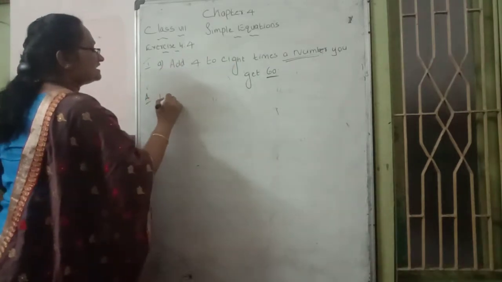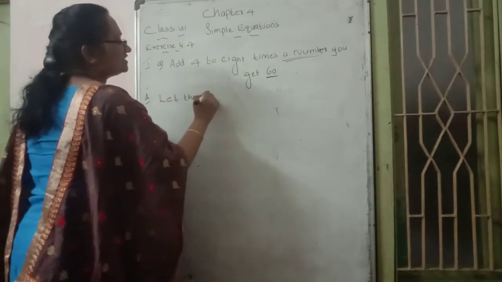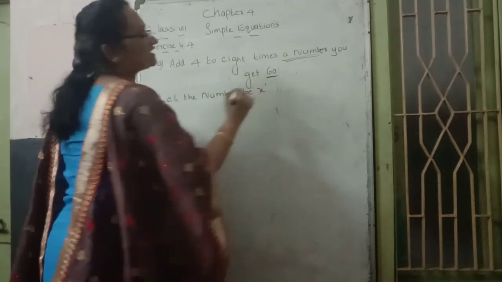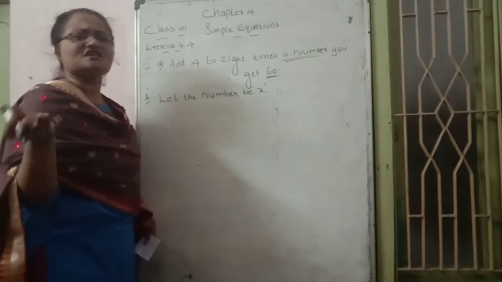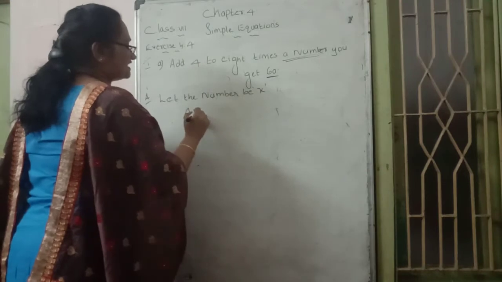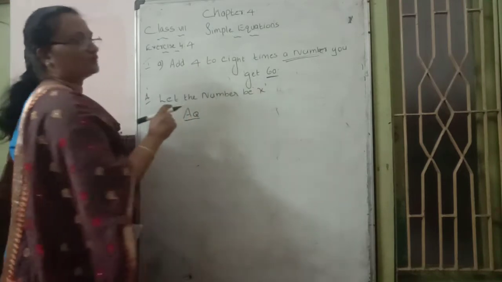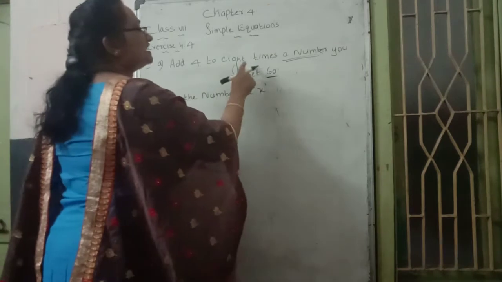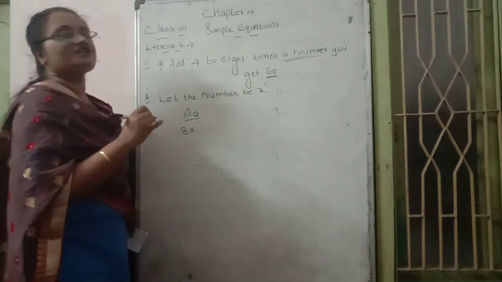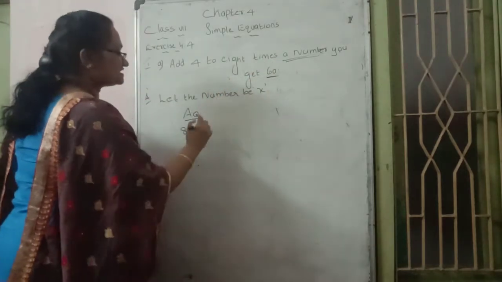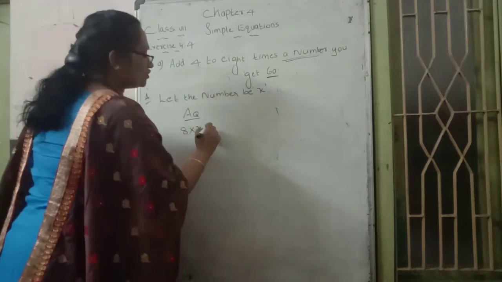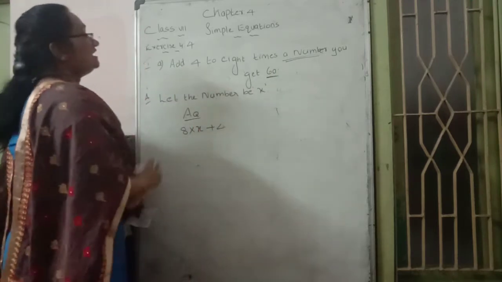So we can consider the unknown number to be x. For an unknown we consider an alphabet as x or any alphabet. I consider it as x. Then according to the question, short form AQ, 8 times represents which operation? 8 into a number, which we consider x, then add 4.